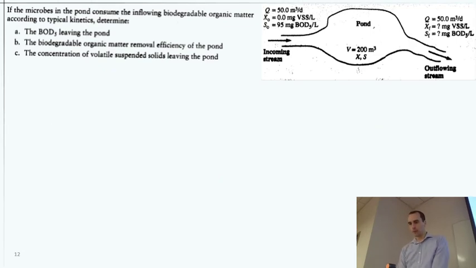Well, first, part B, the removal efficiency. The generic equation for efficiency should be your initial something minus your final, divided by the initial. So that would be S naught minus S divided by S naught, and multiply that by 100%.